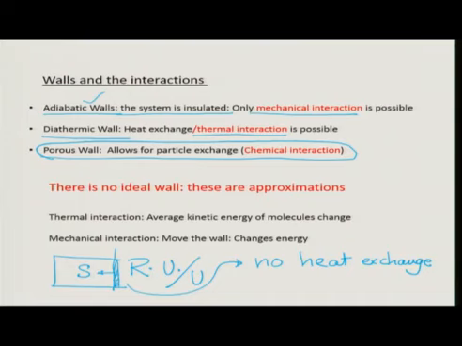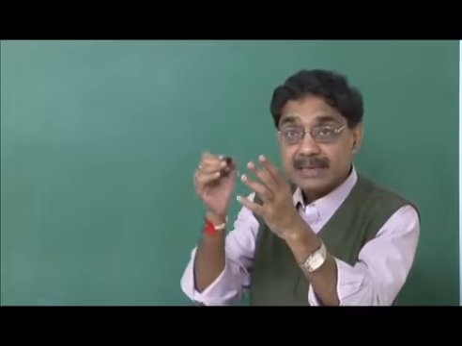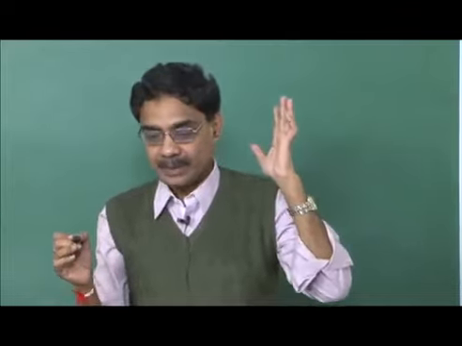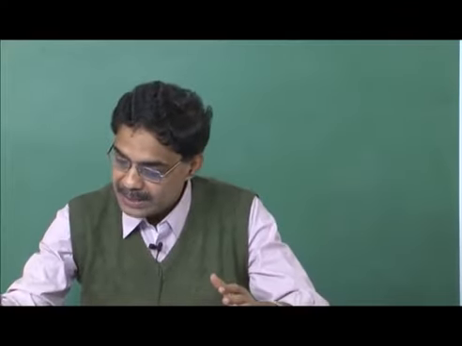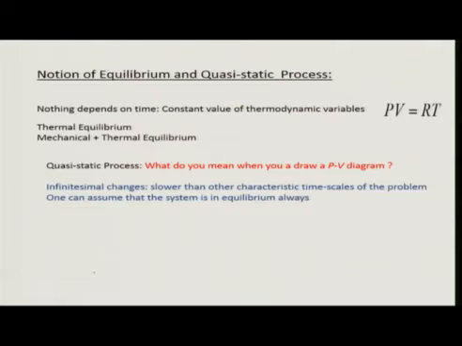You can allow particle exchange and then reach some situation when chemical potential of the system and the universe become equal, and then there is an equilibrium reached. Okay? But I will not discuss anything about this chemical interaction, we will restrict ourselves to adiabatic walls and diathermic walls, okay, and talk about thermal interaction means heat exchange and mechanical interaction, that is I am moving this wall of the container. Okay. So, let us proceed.